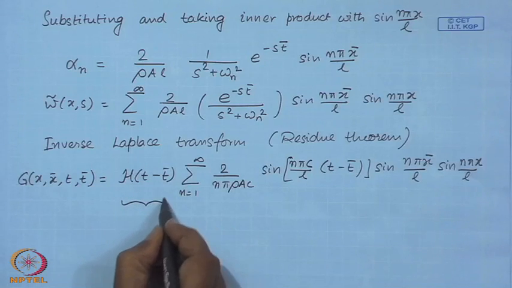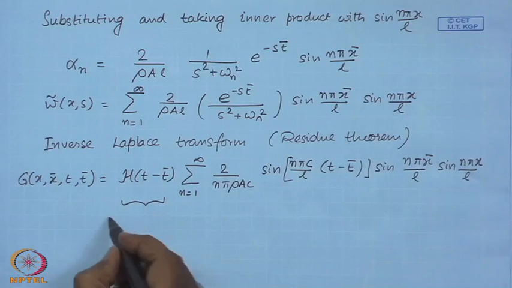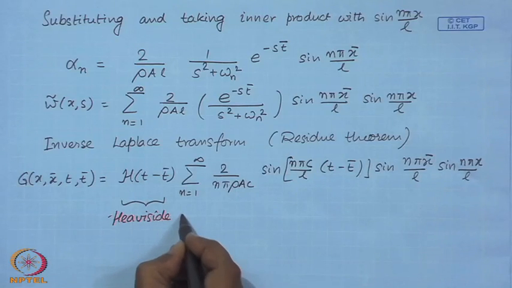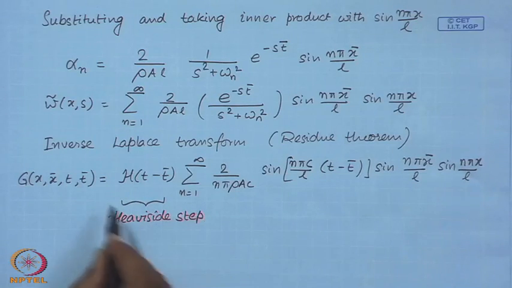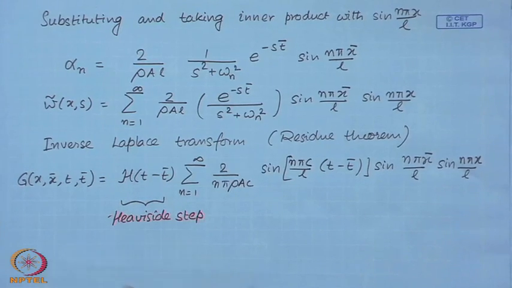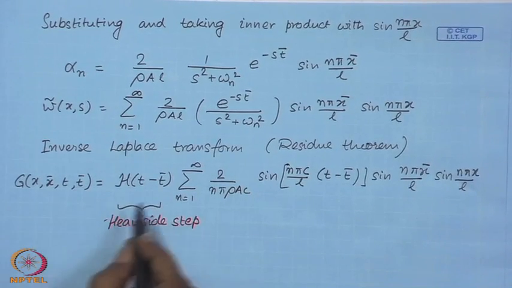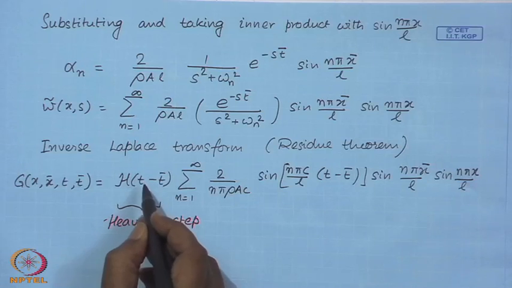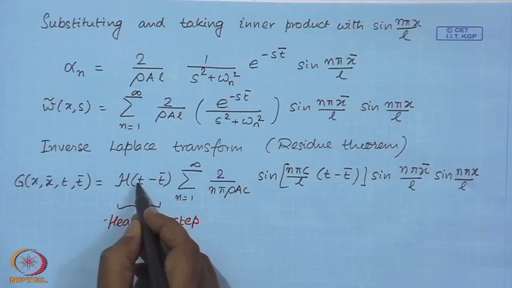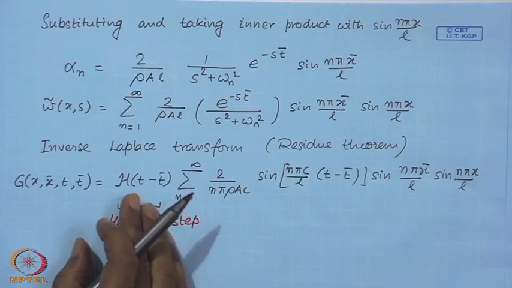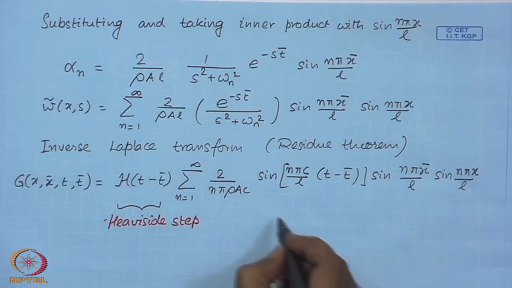Here this is the Heaviside step, which comes from causality, which means that the solution does not exist before the impulse is provided. So, for t less than t bar the solution is 0. So, the solution is non-zero only when t is greater than t bar.